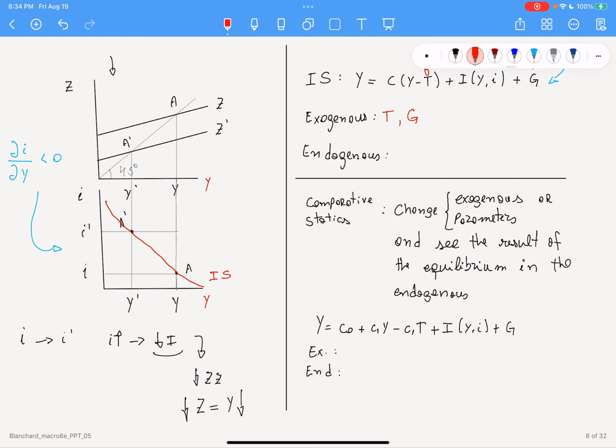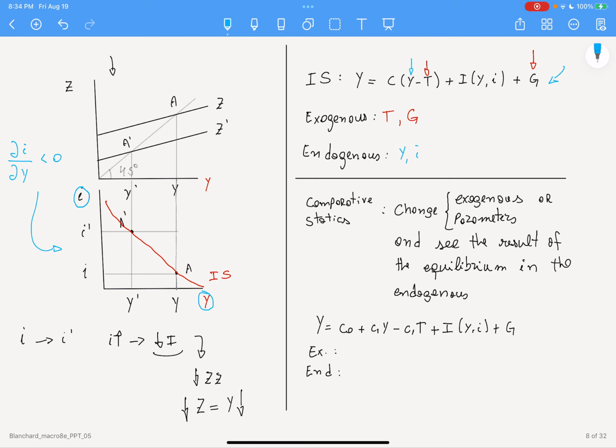What is endogenous here? Well, what is endogenous is everything that is defined by the model. What does the IS curve define? At the same time, the output and the interest rate. So the output and the interest rate are endogenous variables.